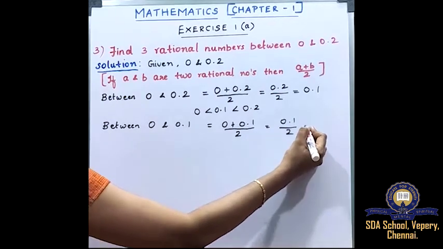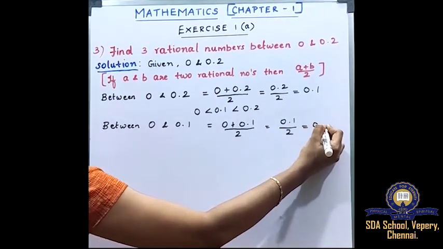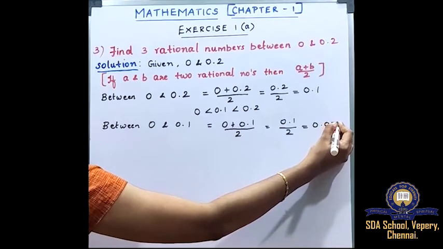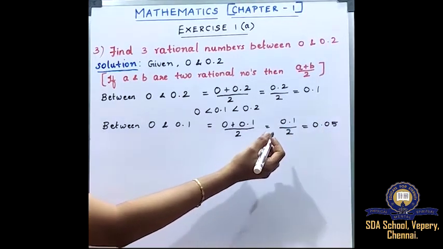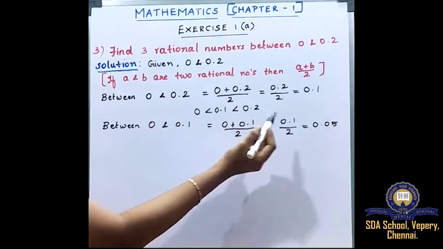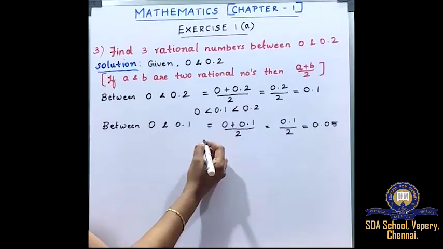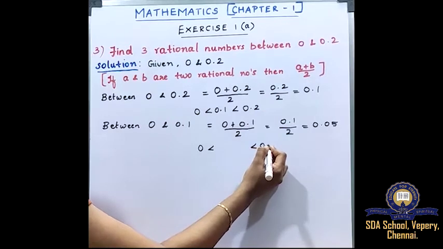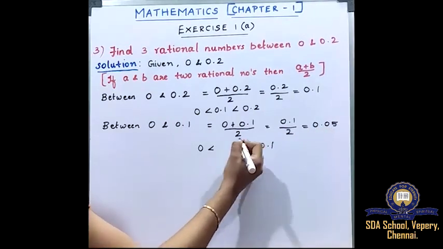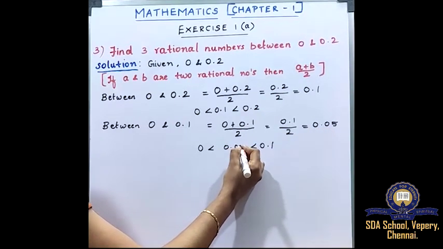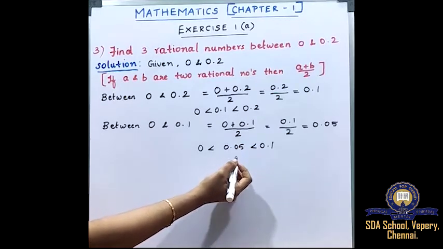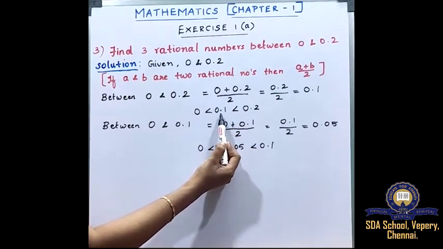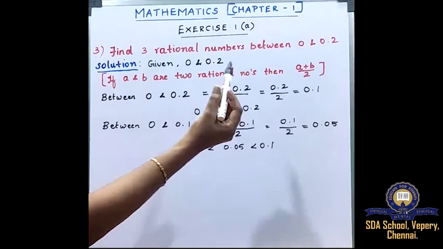Now when you cancel this, we will get 0.05. So between 0 and 0.1, we have found 0.05. Now we are going to find the next rational number between 0.1 and 0.2.